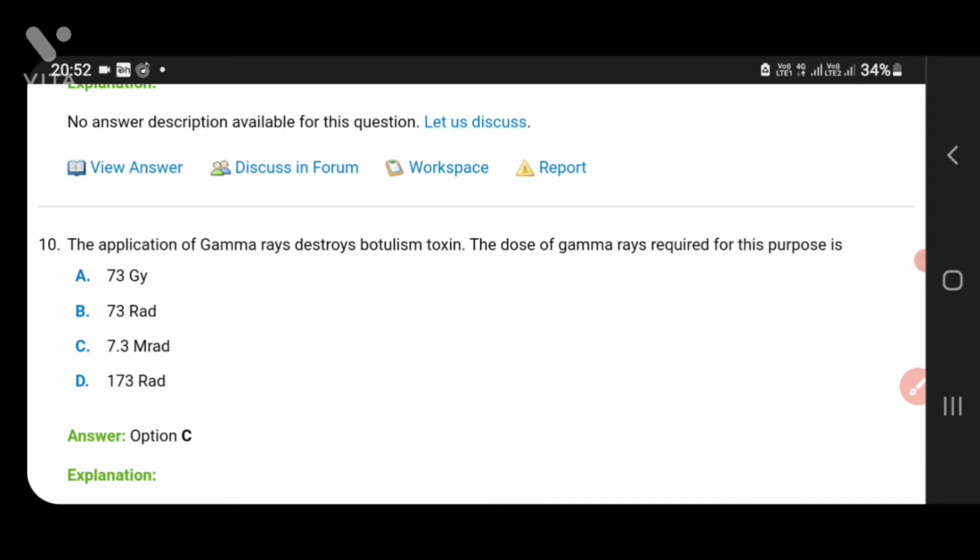See, when we try to neutralize this botulism toxins, we need to do radiations. Okay, when we do radiations, when the food is present in can, generally botulinum toxins is secreted by whom?